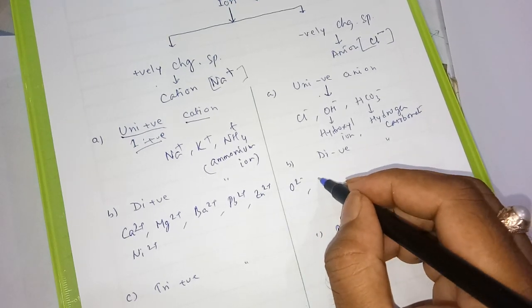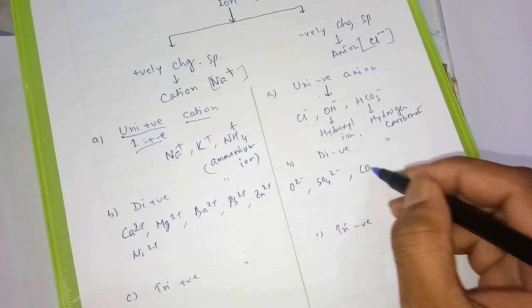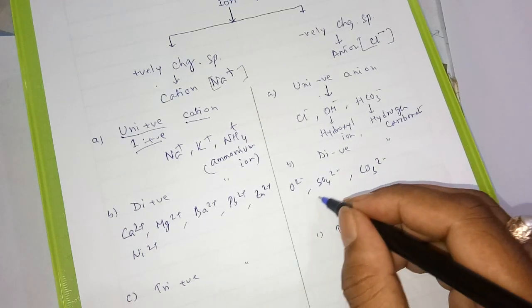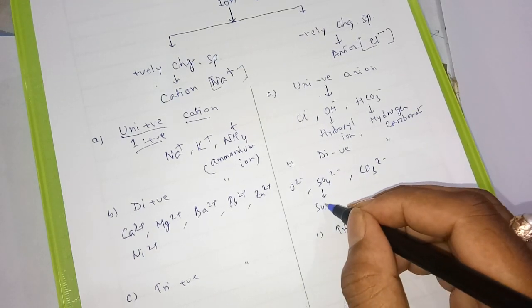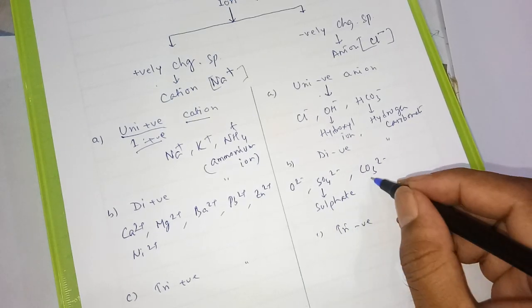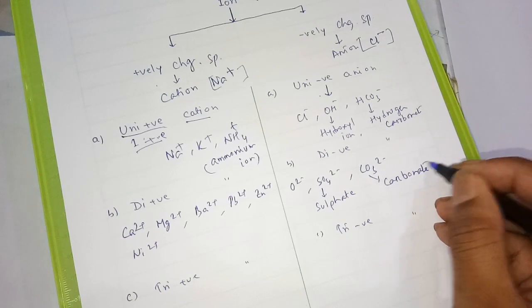O2 negative is there, SO4 di-negative is there, CO3 di-negative is there. So this one is your sulfate, this one is the carbonate ion.